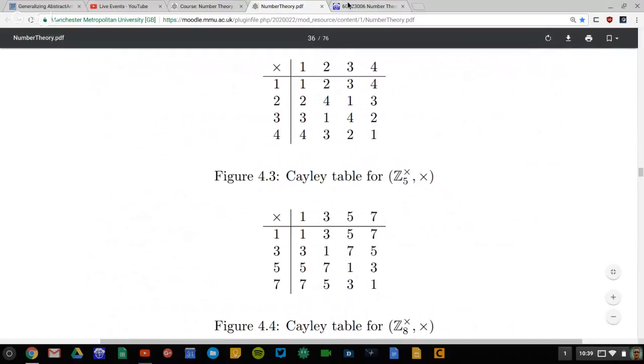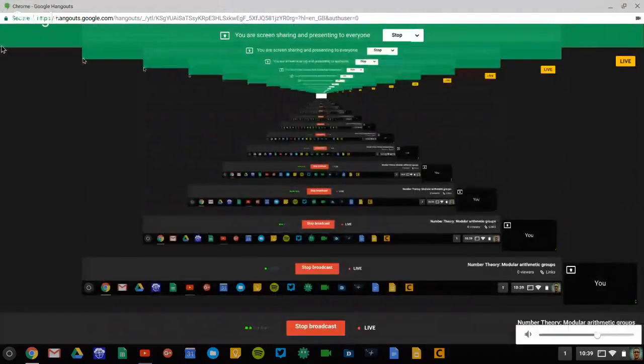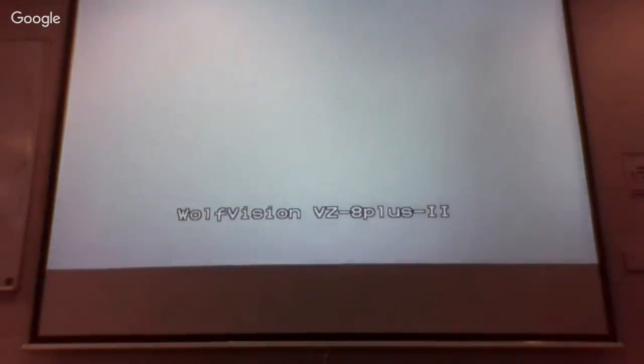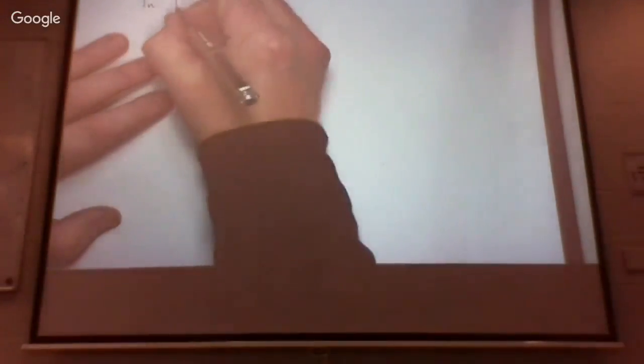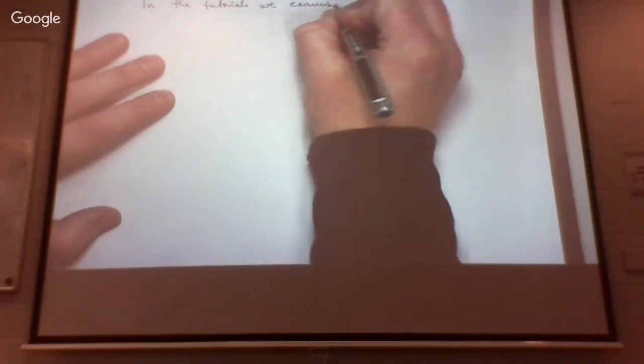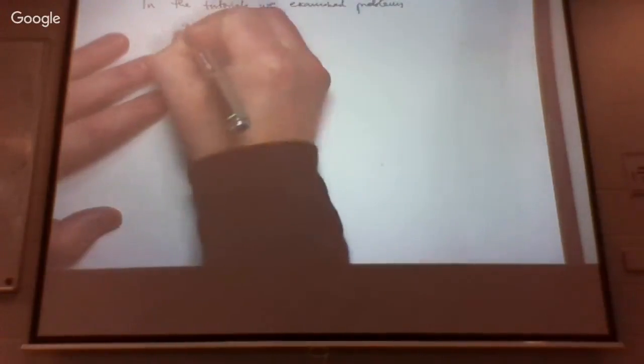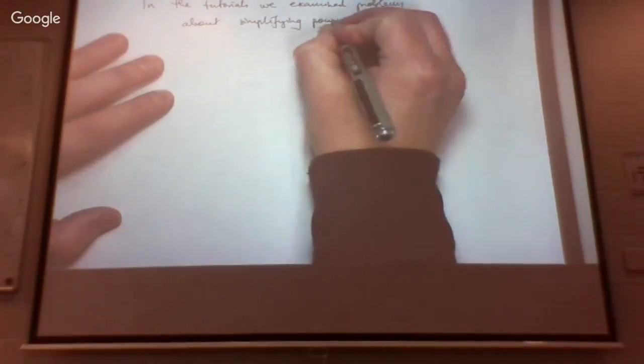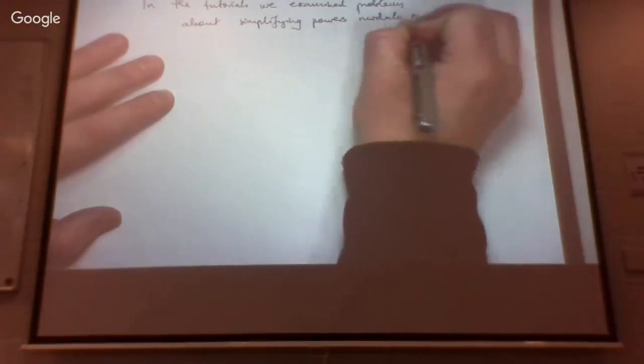Okay. Now, I'd like to just switch to the overhead to do something now. So in the tutorials, we examined problems about simplifying powers modulo n, modulo something.